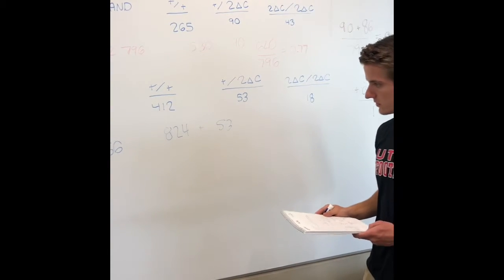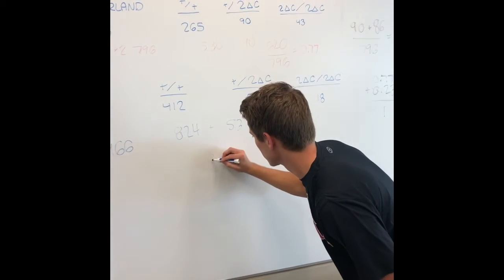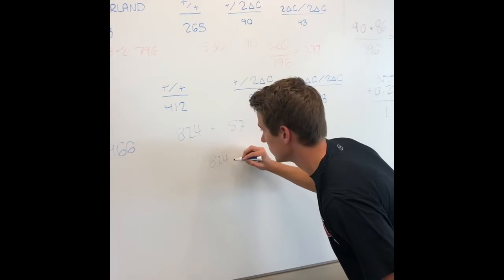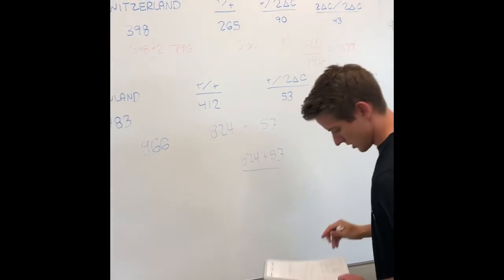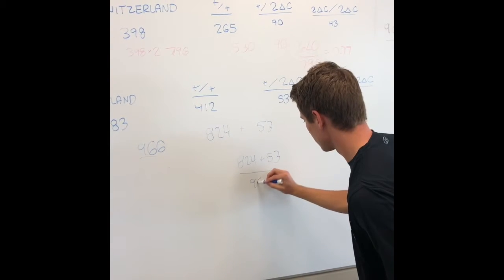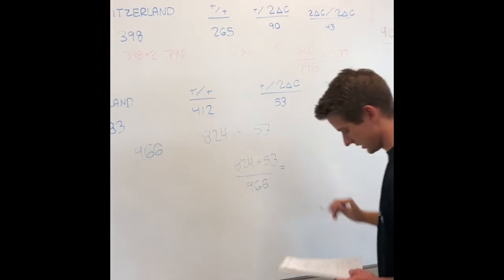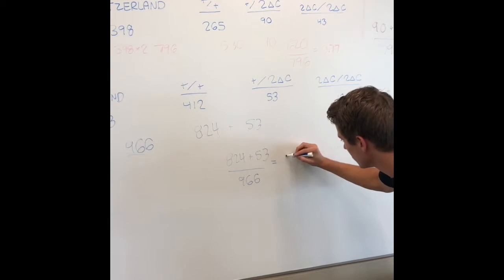So 824 plus 53, and then we're going to divide that all over 966. And that gives us 0.908.